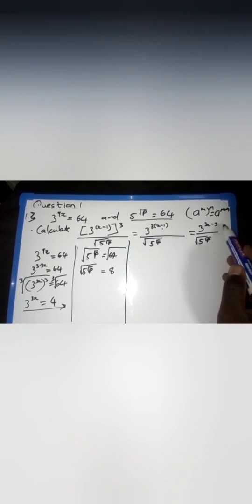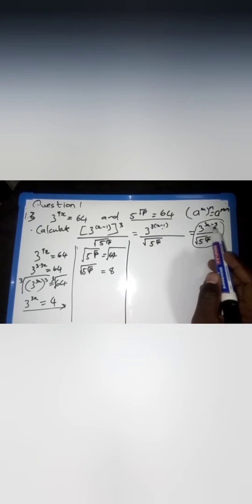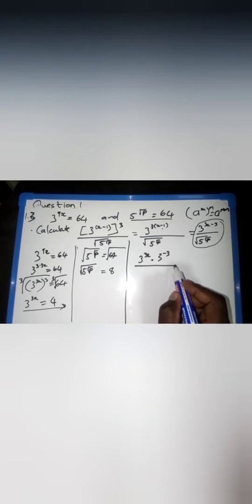Now taking everything back into the equation, we know that the rule says when bases are the same, you add the exponents. So this is the same as having 3^(3x) times 3^(minus 3), divided by root 5 square root p.